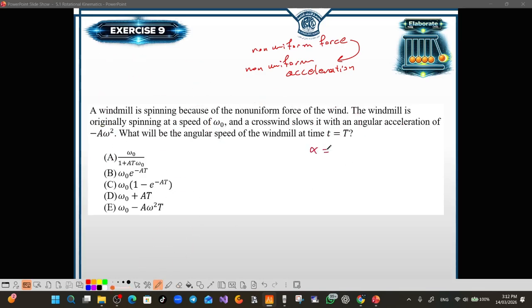Now we know that the alpha is equal to minus a omega squared. Remember that omega itself is written as a function of time. It's not constant, and they didn't mention that. They didn't say the omega in this equation is constant. Now, the technique that I will follow is the separation of variables. So we're going to unpack alpha in terms of the differential form, which means we're going to write it like this.